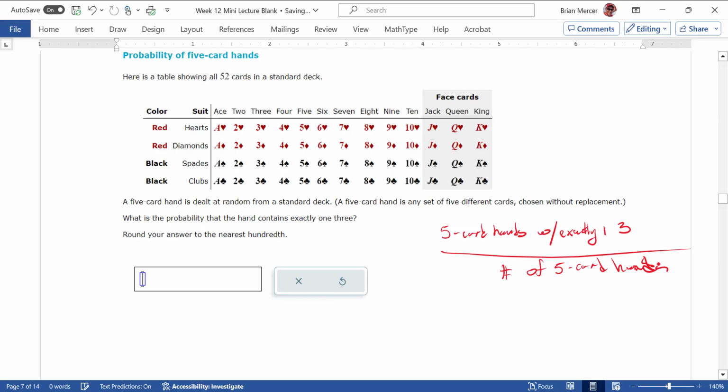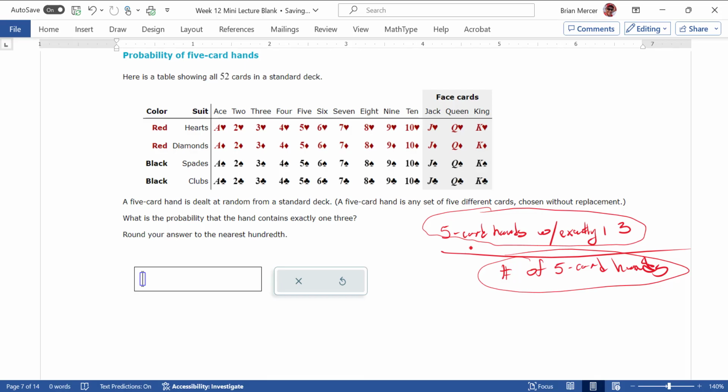So to find the probability, sorry about my bad handwriting there, find the probability that you get dealt a hand that has exactly 1 3 in it. Means you figure out how many 5-card hands exist with exactly 1 3, and just how many 5-card hands exist at all. And when you divide those two, that gives you that probability.